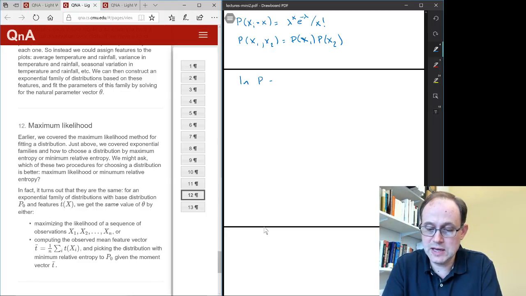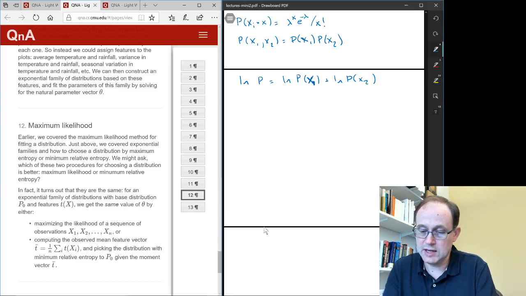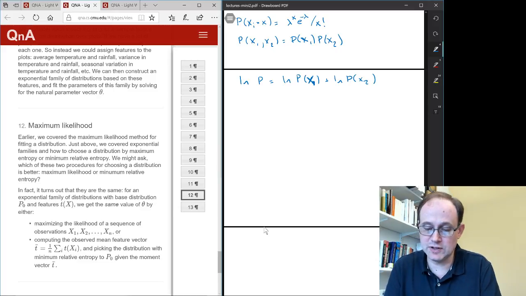So log p is equal to log p of x1 plus log p of x2, right? The advantage of doing it this way is that we've got a sum of terms instead of a product of terms.